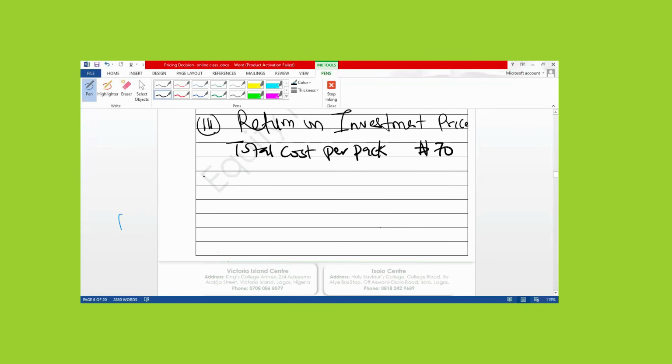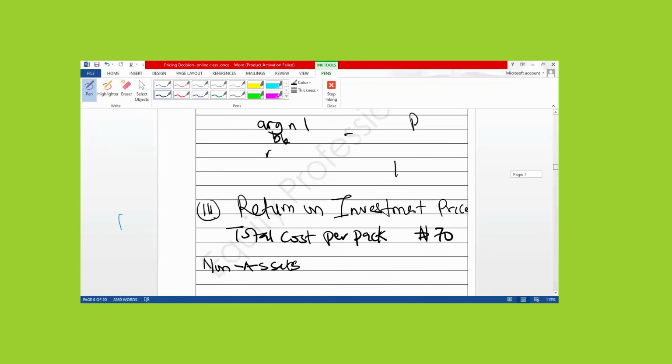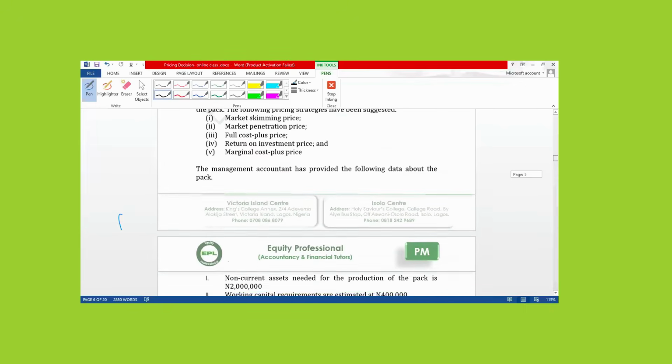Calculate total investment. Non-current assets: we invested 2 million.